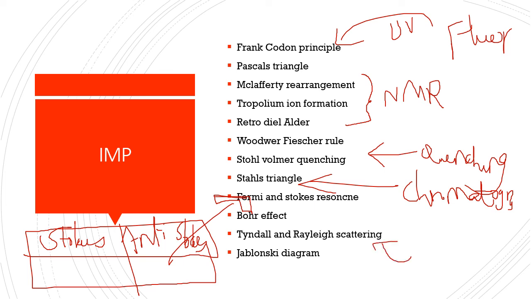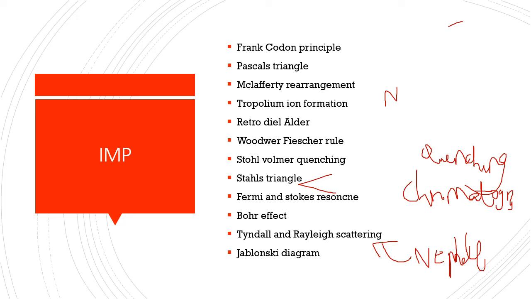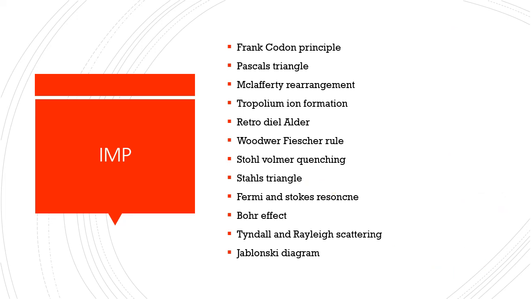Tyndall and Rayleigh scattering are in nephelometry and turbidimetry. These are a few phenomena. Besides this, you have many others, like the Doppler effect and the Zeeman and Stark effects, but those are not so important. Then Jablonski's diagram from fluorescence. So these are a few of the important terminologies that I wanted you to get acquainted with for GPAT and for your semesters.